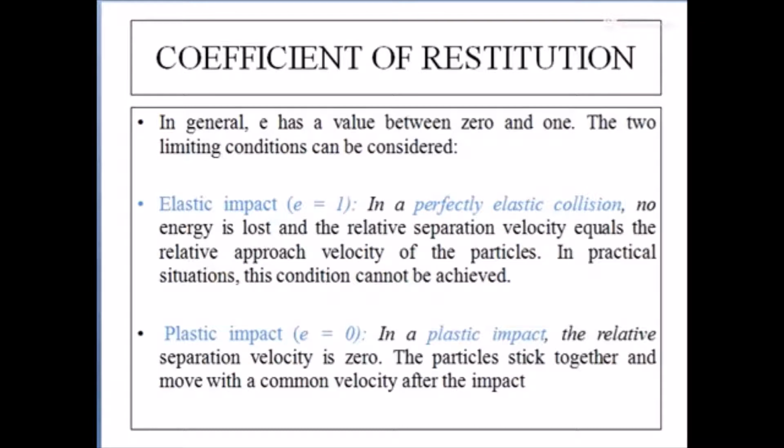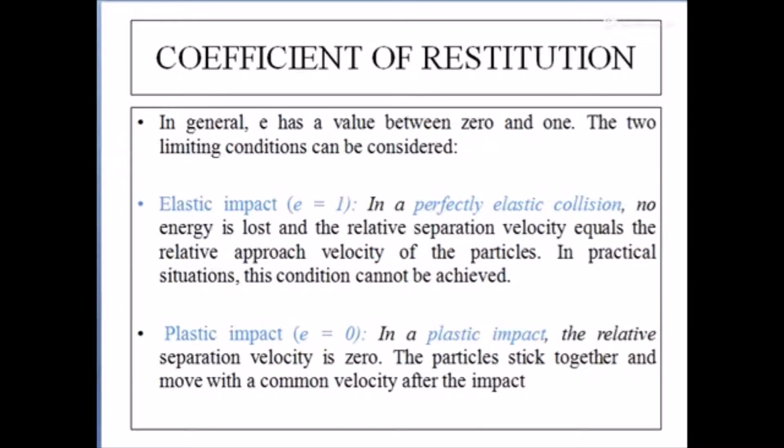I will explain two extreme conditions: where the collision is completely elastic, that is the coefficient of restitution is 1, and the second case where the collision is a plastic impact, where the coefficient of restitution is 0. So you can see here what these two values are.